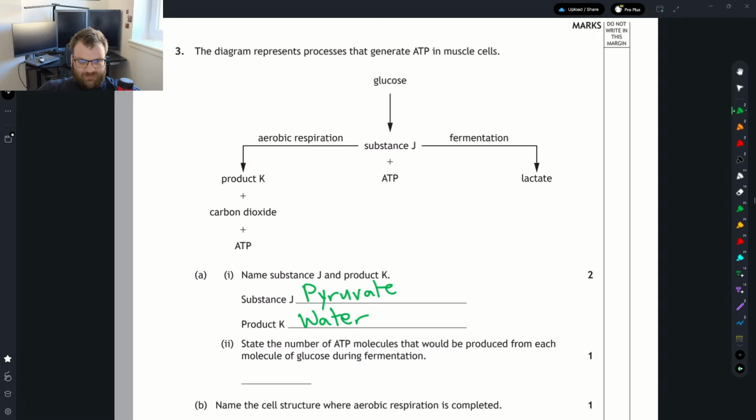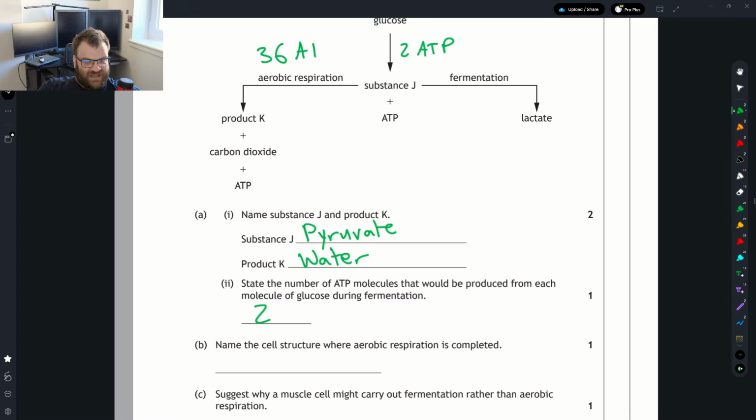State the number of ATP molecules that have been made from each molecule of glucose during fermentation. Well, in the initial stage, there's 2 ATP made. That's the only ATP that would be made in fermentation. Over here, we would get another 36 ATP for 38 in total.